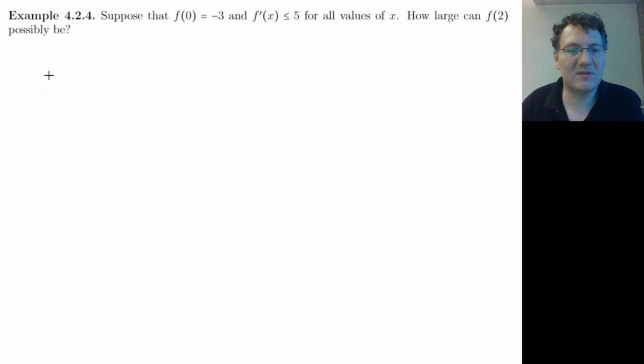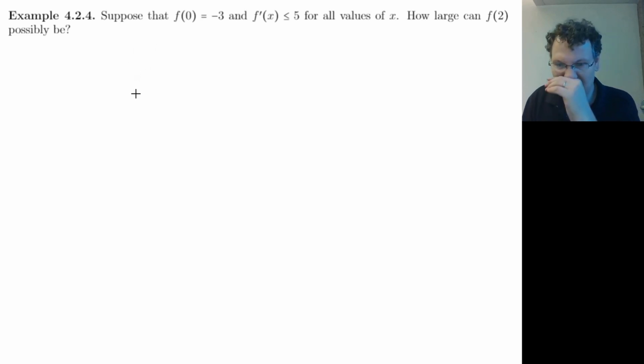All right, let's take another example. Suppose that f of 0 is negative 3 and f prime of x is less than or equal to 5 for all values of x. The slope of this curve never gets bigger than 5. So how large could f of 2 possibly be?